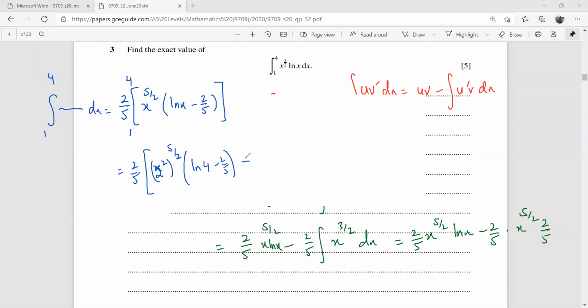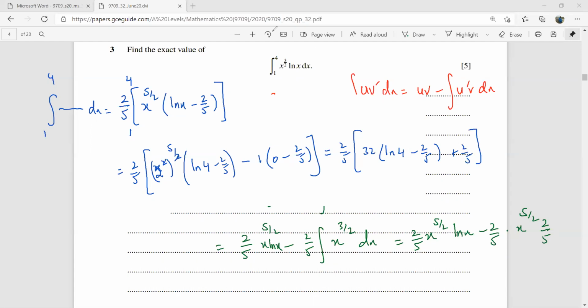And then we have minus 1 raised to power anything is 1, into ln 1 is going to be 0, and then you have minus 2 by 5. Okay, so this results into 2 by 5 into, this cancelled by this, is going to be 32 into ln 4 minus 2 by 5, and then you have plus 2 by 5 from here.